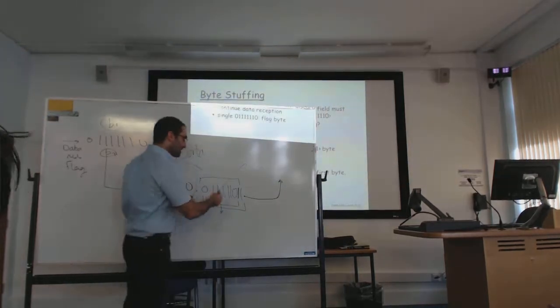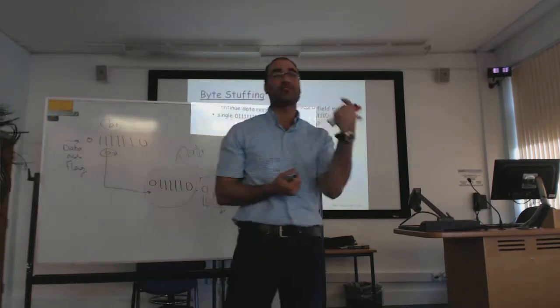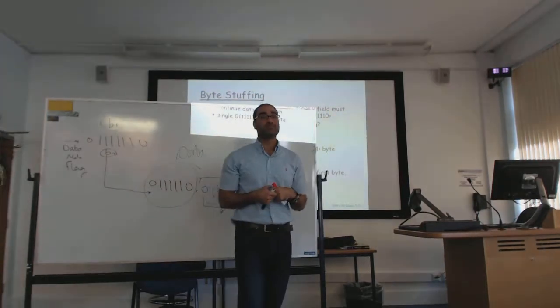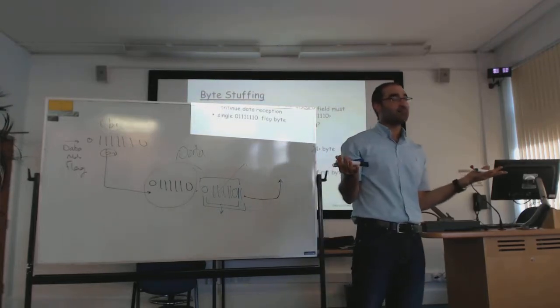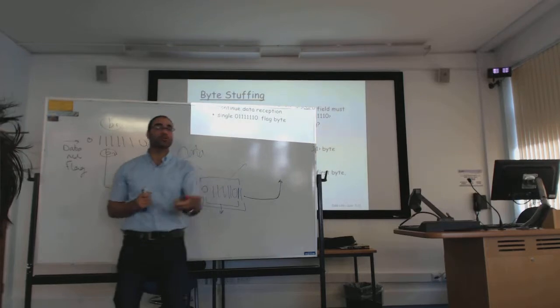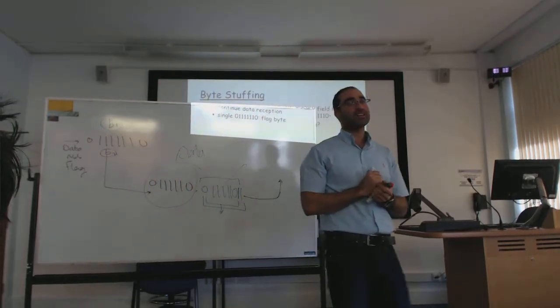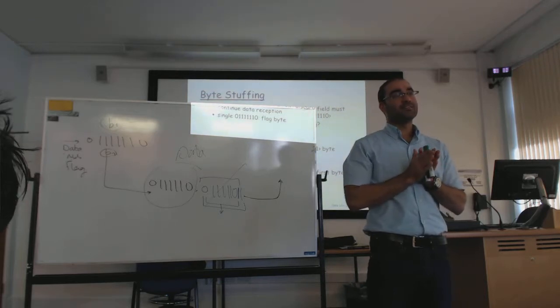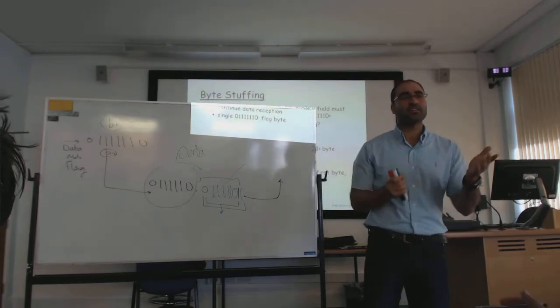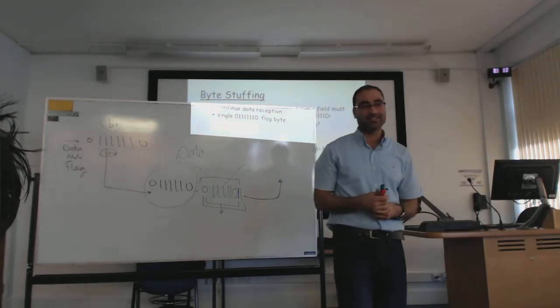So imagine this is sent as data. It adds another byte to it, creating a new combination, and so on. Is that clear? So it keeps happening. It never happens that frequently, but if it happens, then it continues adding those bytes.